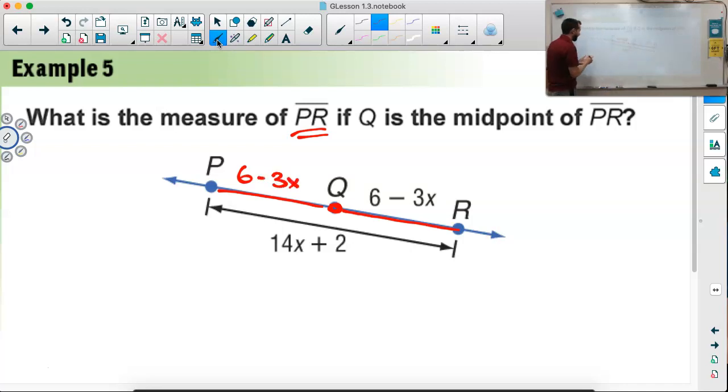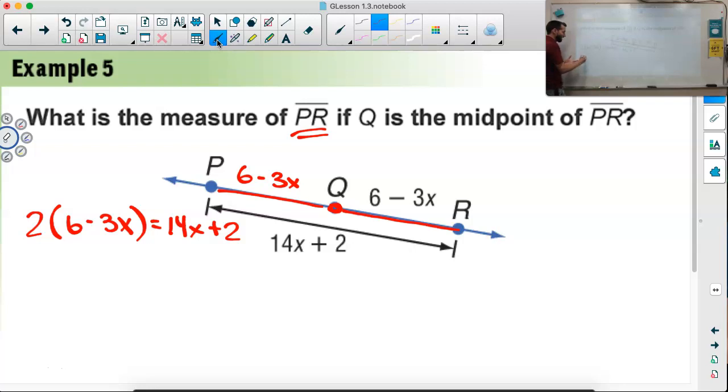Or another way I could put that is 2 of this, 6 minus 3x, should equal the whole thing, 14x plus 2. Or I could do that a different way. I could say that one of the small ones is equal to half of the big one.